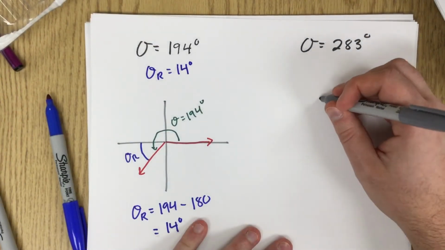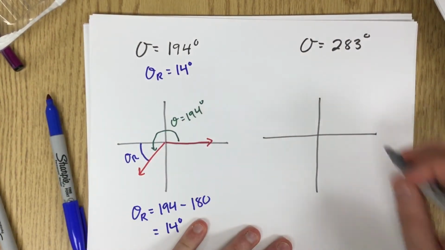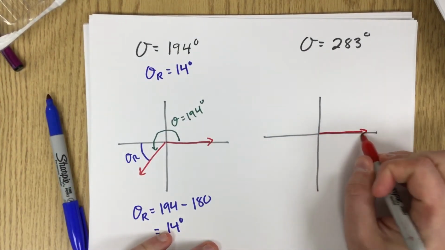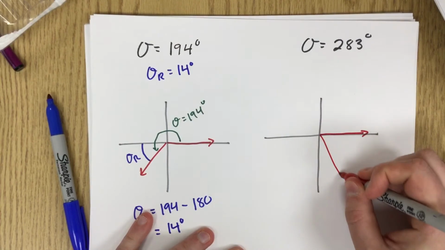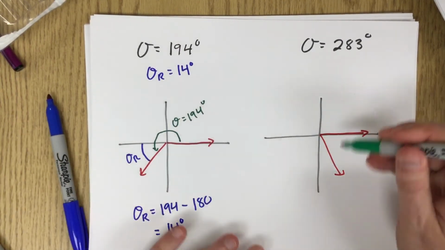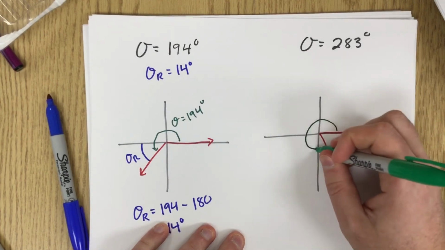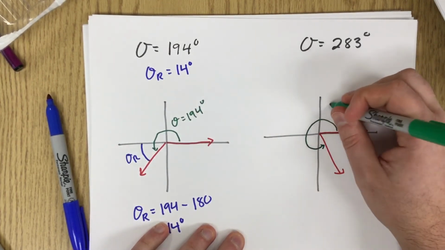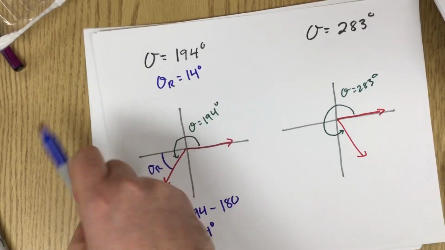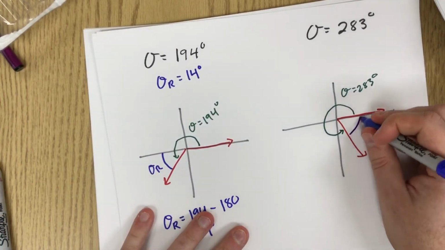And presumably this last one's in the fourth quadrant. So 283 is indeed in the fourth quadrant, and the angle looks something like this. The related acute angle is between the terminal arm and the x-axis.